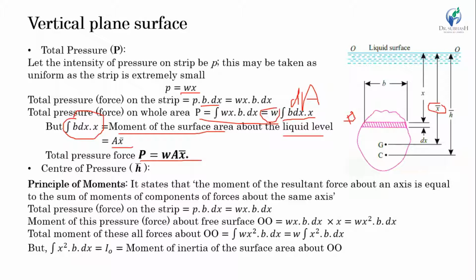X bar is the distance of CG from the free surface of liquid. Area is the total area in meter square, and omega, small w, is the weight density, equal to rho g.